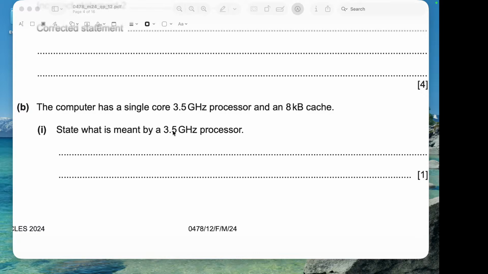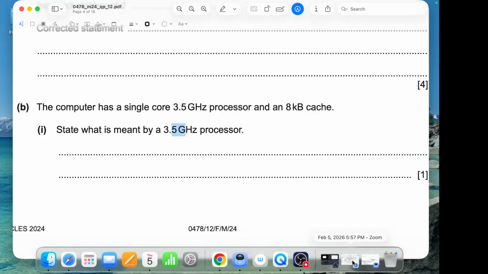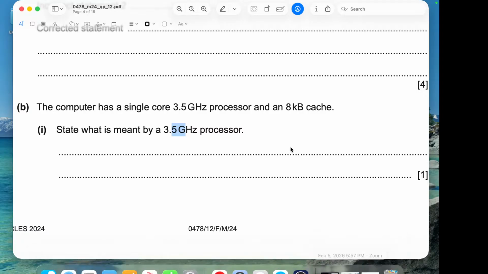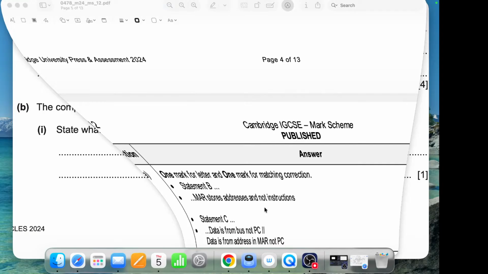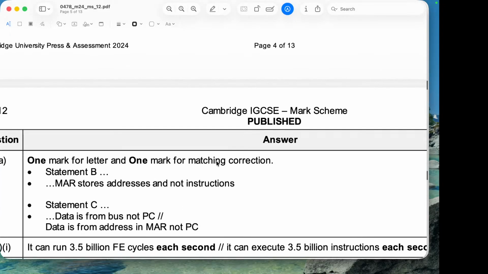So gigahertz is the equivalent of billion. So 3.5 billion fetch execute cycles or instructions per second. So it's quite a lot. I don't think they've asked a question like that since. Sometimes the papers for the March papers can be a bit weird. But yeah, 3.5 billion fetch execute cycles.